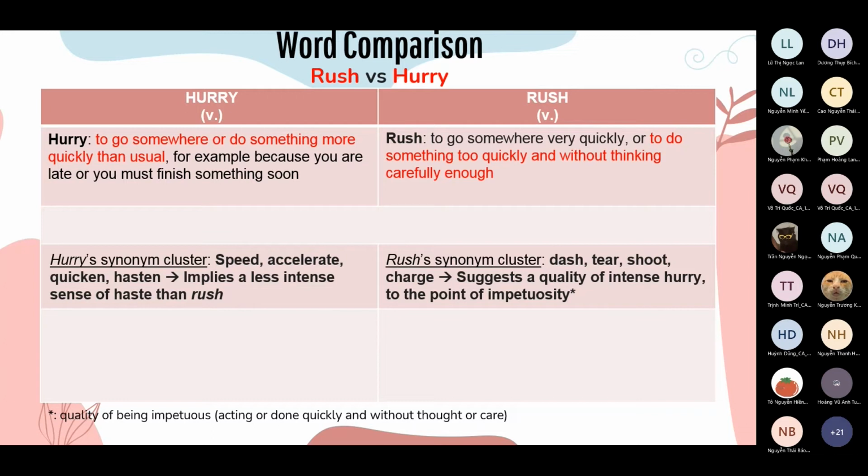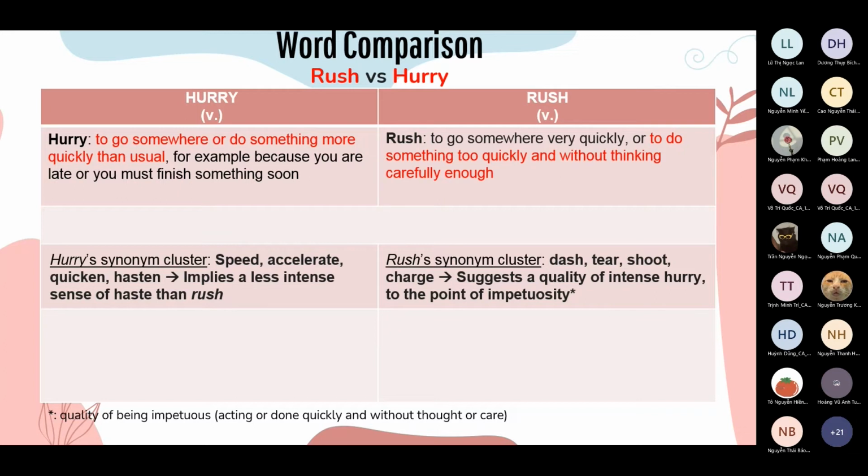While if you look over to the rush synonym cluster, which is tear, shoot, and charge, you feel immediately that it gives a very intense sense of haste, a very intense sense of urgency to the point of impetuosity.